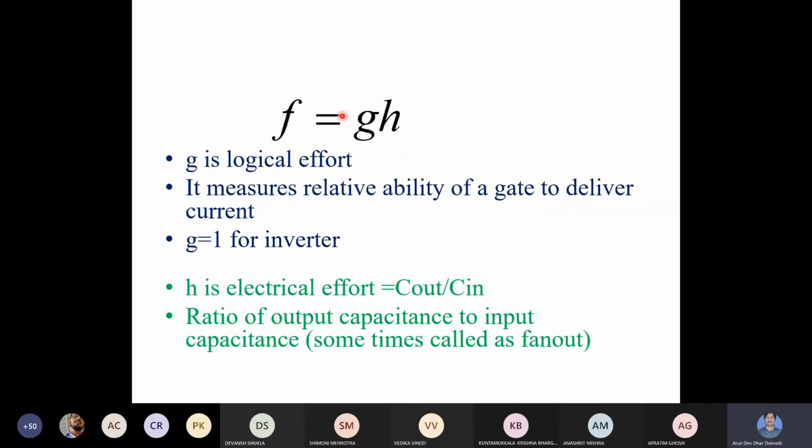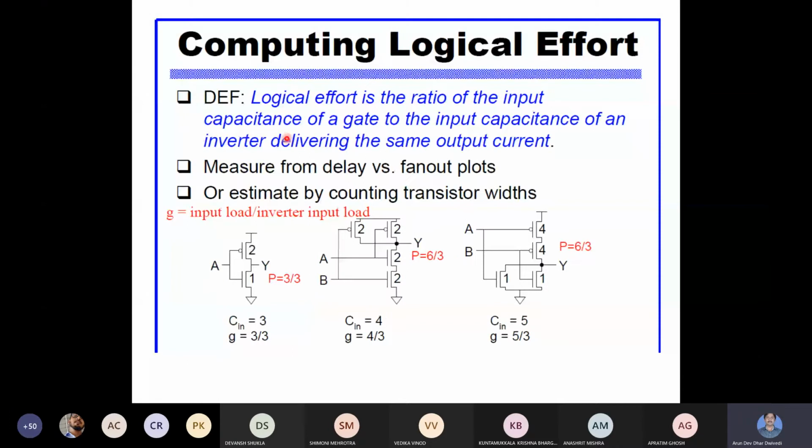Here we have also taken another ratio, C out by C in of the same gate, called electrical effort. This is the condition, and how to calculate it will become clearer later on.